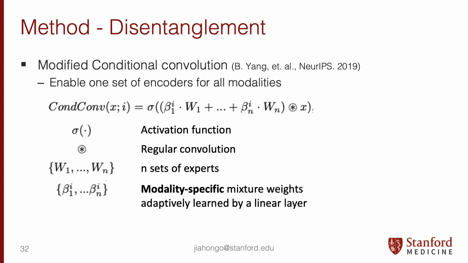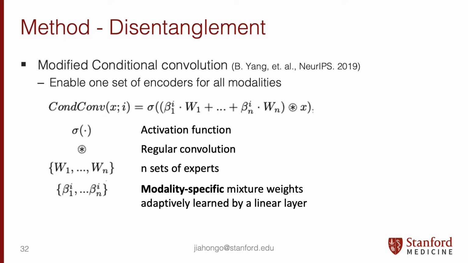Moreover, we propose a modified conditional convolution layer to enable one set of encoders for all modalities. Compared to traditional convolution that only has one set of parameters w, here we have n sets of w, and we have a beta to weight these w's.